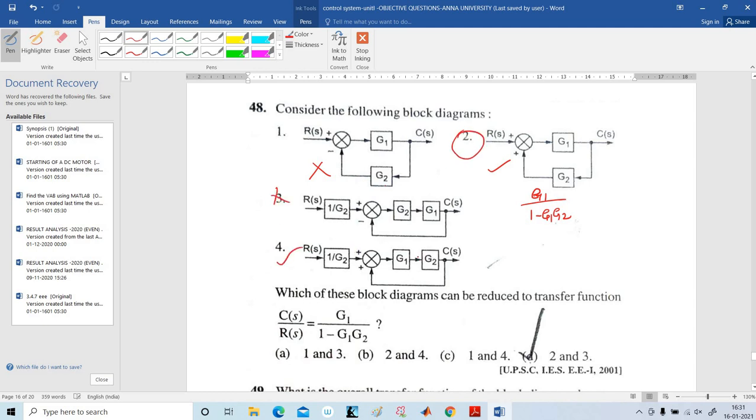And this is correct: G1 G2 divided by 1 minus G1 G2. The blocks are combined in series, so G1 by 1 minus G1 G2. So 2 and 4 are the correct answer.